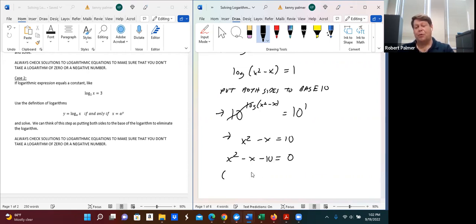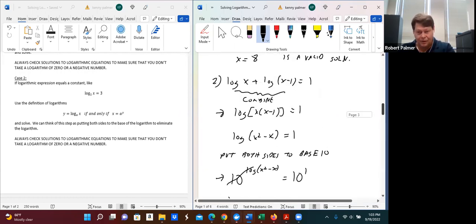Once again, you could use the quadratic formula, but this one will factor. It should factor. Okay, hang on just a moment. At least I'm pretty sure I meant for it to factor. Just a second, I may have to change something.